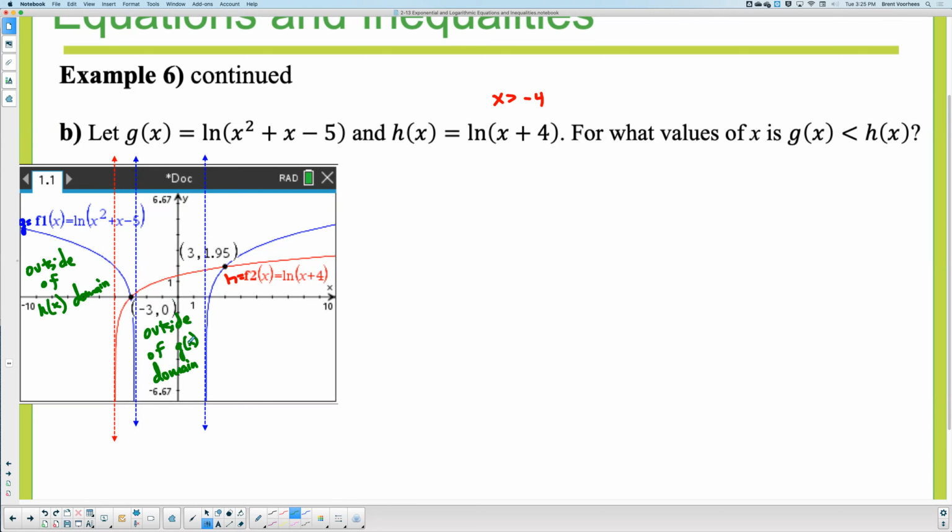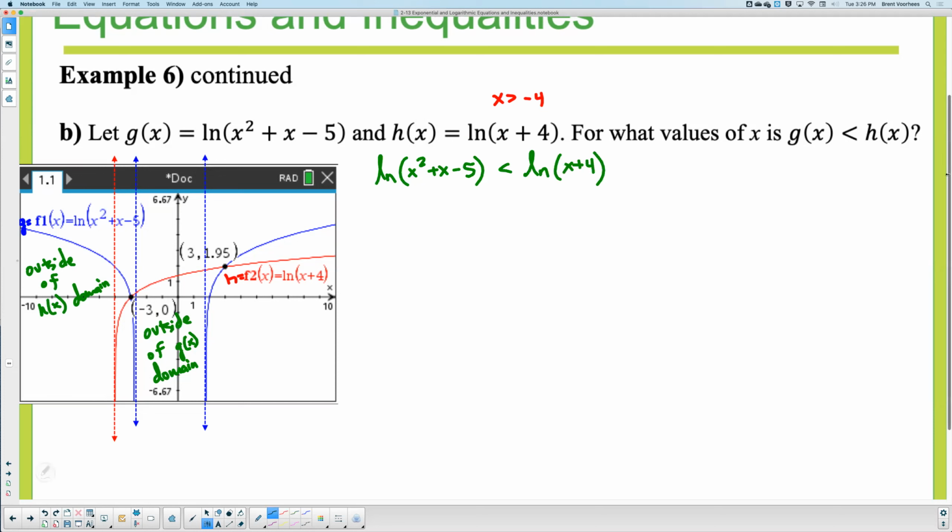Now that's where the solution will be, which is difficult to find out with technology. But here's the algebra as quick as I can. I want g of x, the natural log of x squared plus x minus 5, to be less than h of x, which is the natural log of x plus 4.